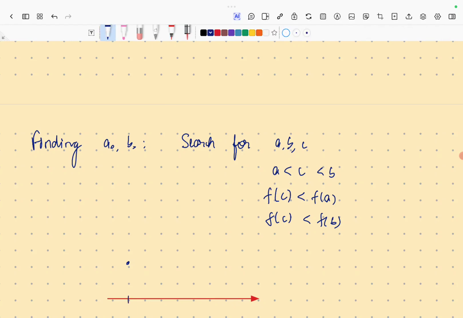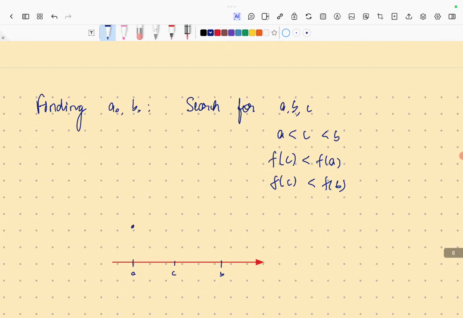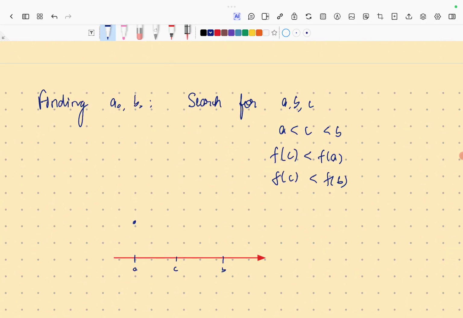Somehow I'm able to find an a, b, and some c anywhere in between a and b, such that if I evaluate at these three points, f of c is strictly below f of a and f of b.